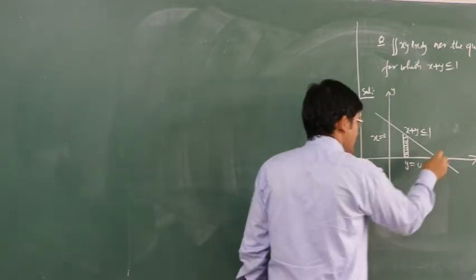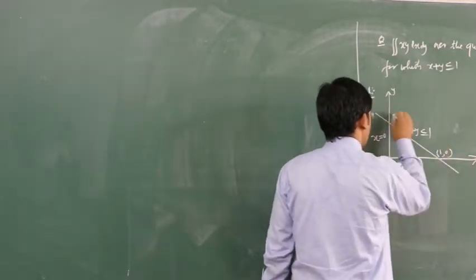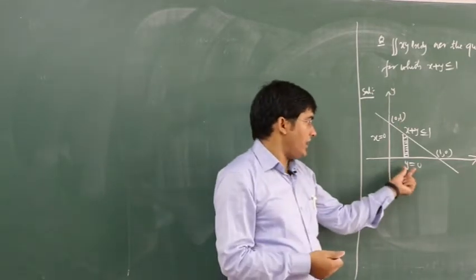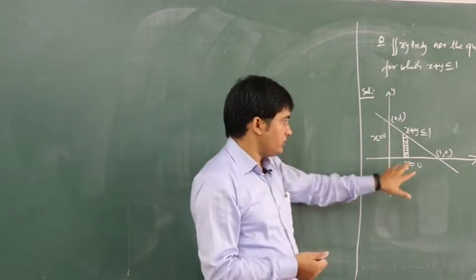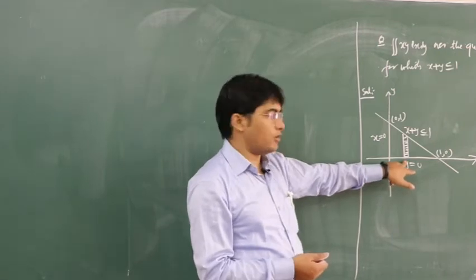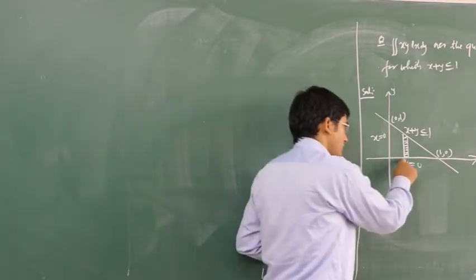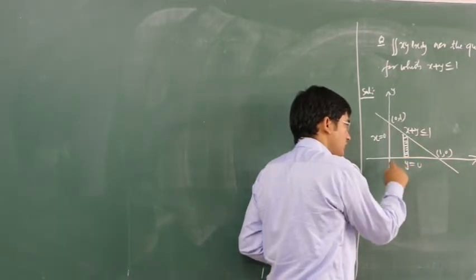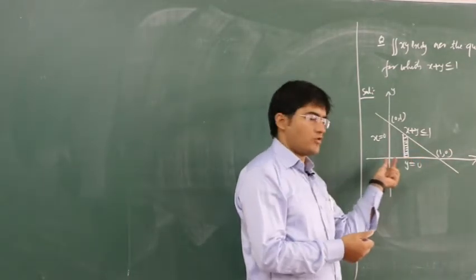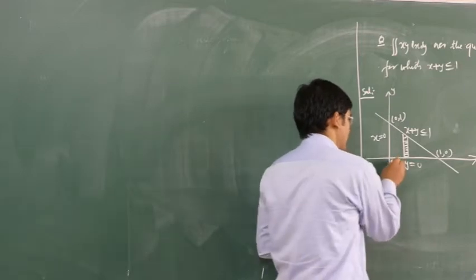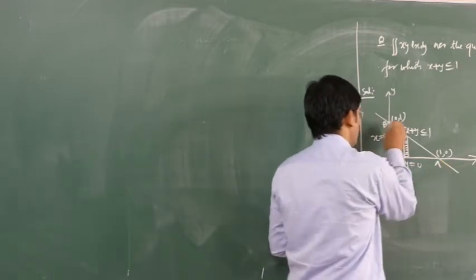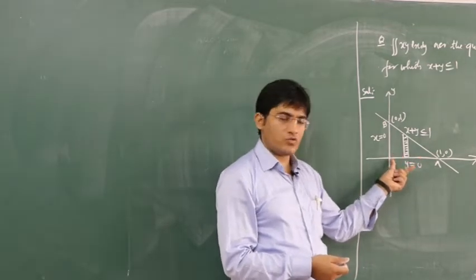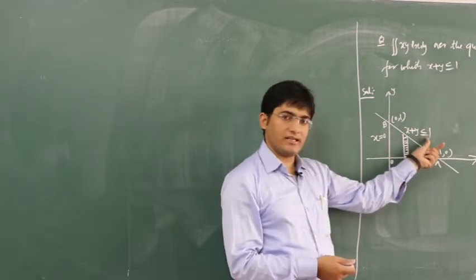Here you can see that this is your point (1, 0), and this is your point (0, 1). Now for the value of y, just take the lower and upper end of this strip. If you move this strip from point O to A, then you can see that your limit of y will always be from 0 to 1 minus x.